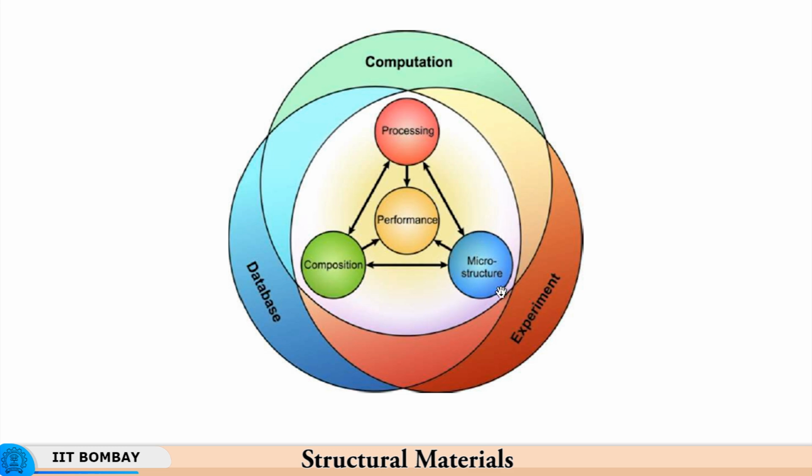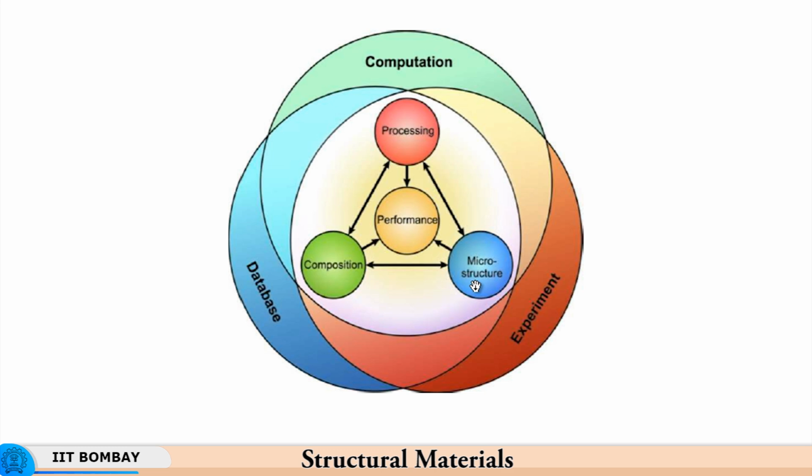The microstructure is the source of strength. The loads we put onto the structural material get transmitted to the microstructure, and this microstructure has features which impart the strength to the material to withstand those loads, and this strength in turn comes from the chemical composition. So these are all interrelated: processing, composition and microstructure.